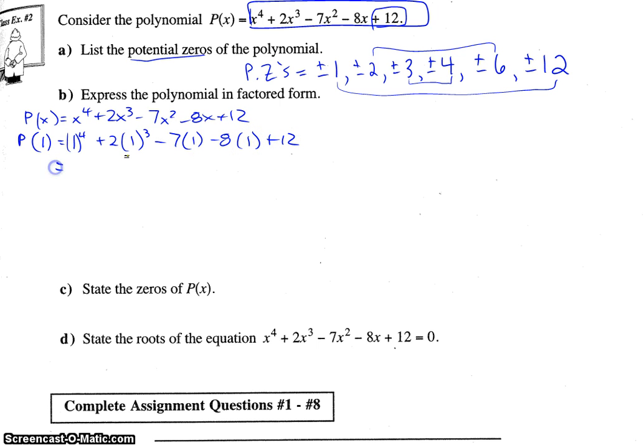Simplifying: 1 cubed, remember you have to do exponents first, and then times 2, minus, and this is a square here, but it's 1 squared so we're okay. Then add these together: 3 minus 7 is -4, -8, so the -12 plus 12 is going to be 0.